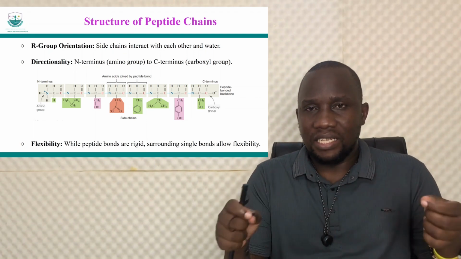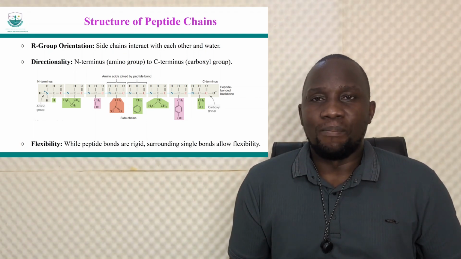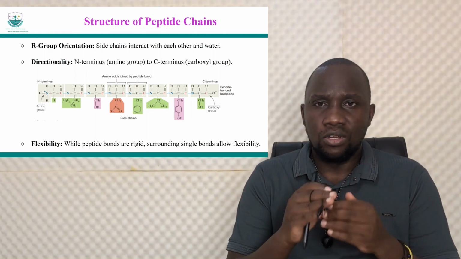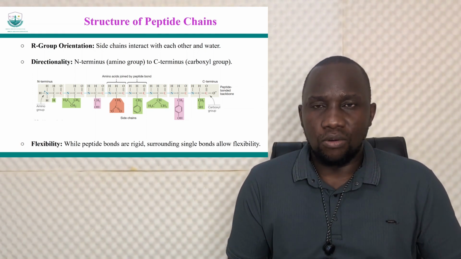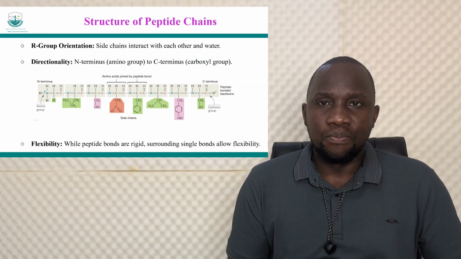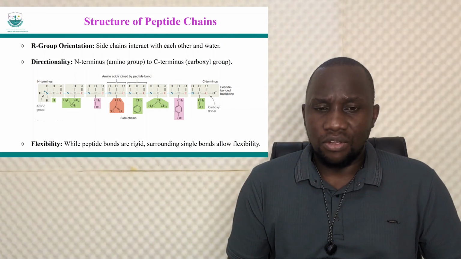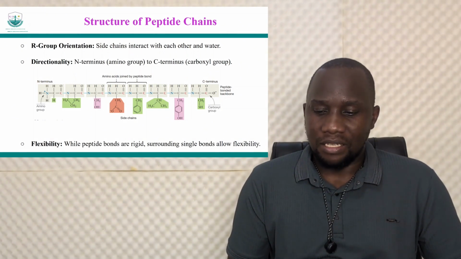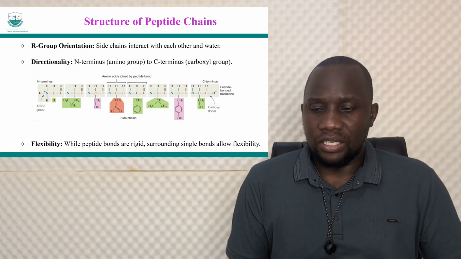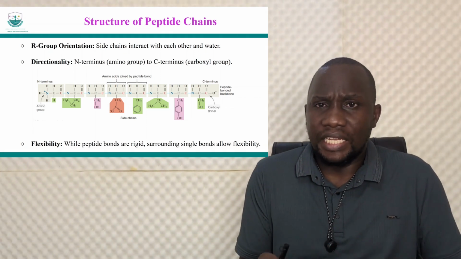If you have a straight chain of amino acids, then you could expect that it is very easy to bend or to fold this protein, and therefore there is a great degree of flexibility when you have single bonds in a particular protein that is linear.